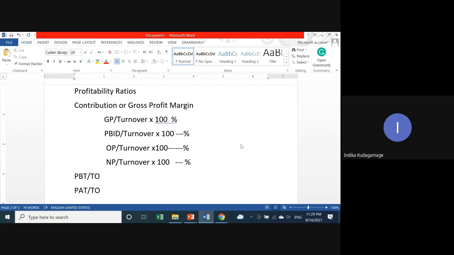Here I want to say something. This GP ratio, gross profit to turnover, we call gross profit margin. If you are doing a horizontal analysis on the gross profit margin, that means you are comparing the gross profit margin of a business in 2019 and 2020, or 2020 and 2021.